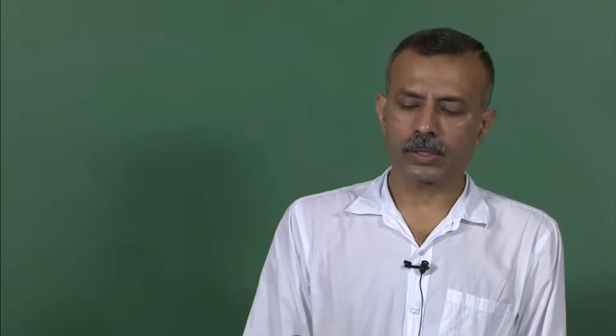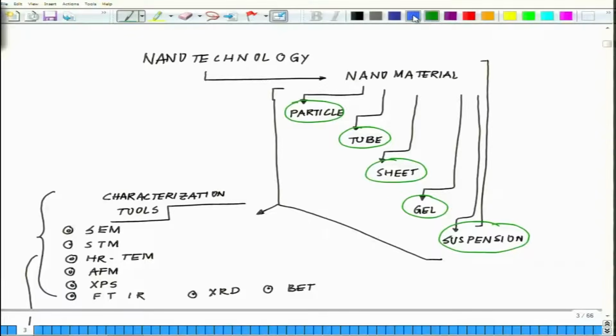Now, you might wonder why we are going in the nanomaterial domain. The reason to go to the nanomaterial domain is, I told you in the beginning something, and I will again pull that example what I told you.